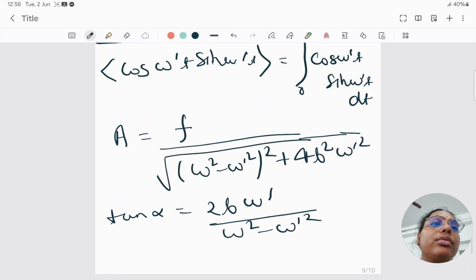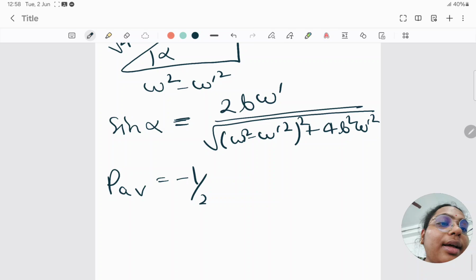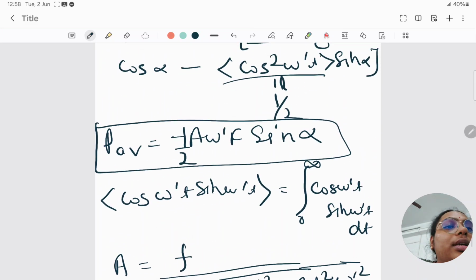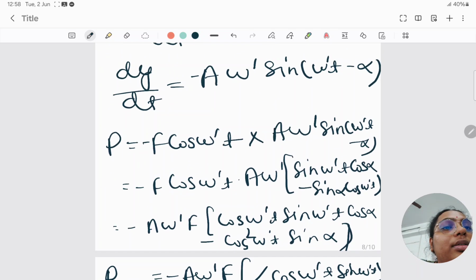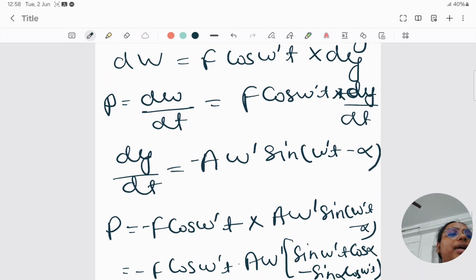is equal to minus half, this minus is still going.